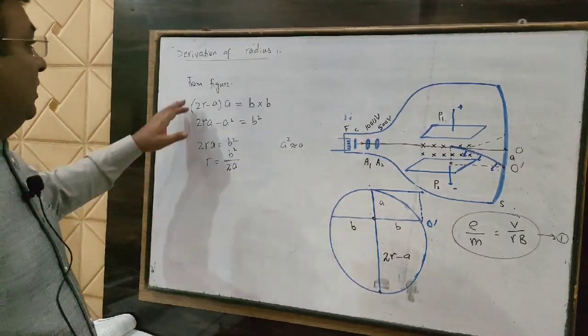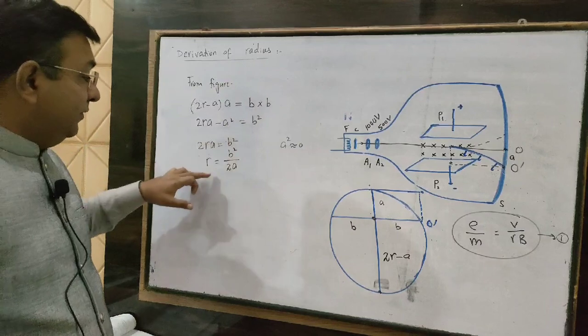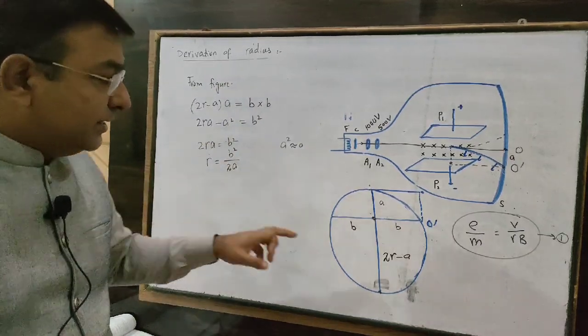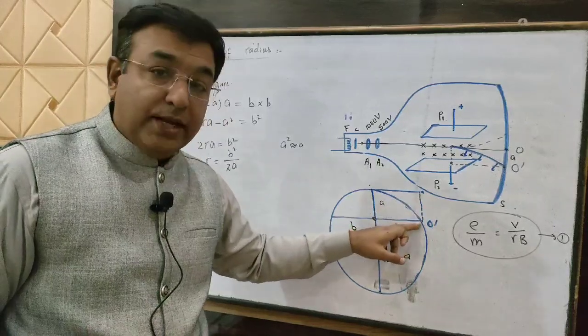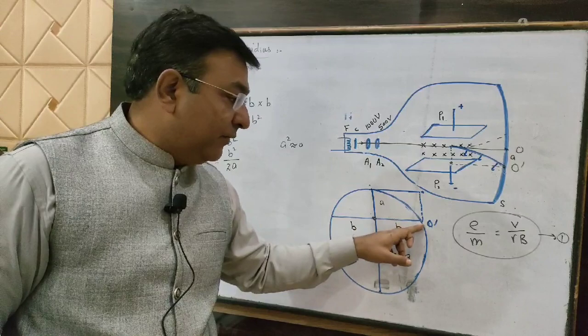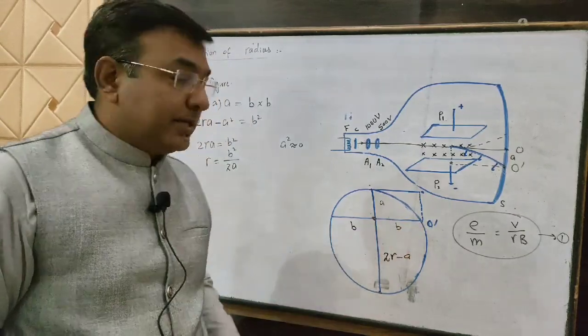So we have derived the value for radius by the two variables a and b. In this case, a is the deflection and b is the distance between the magnetic field and screen.